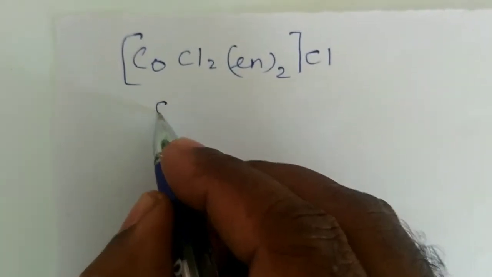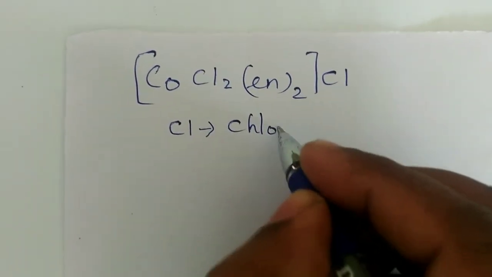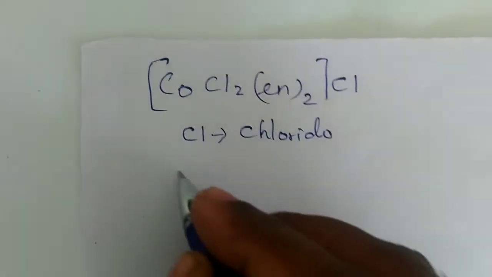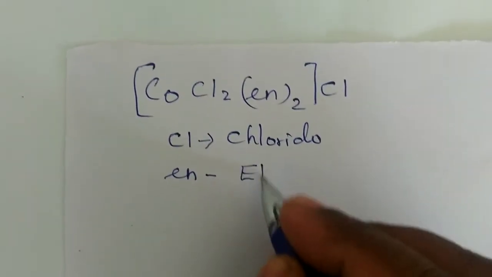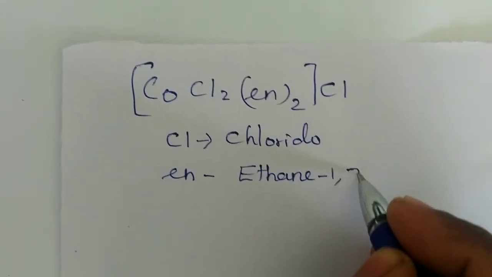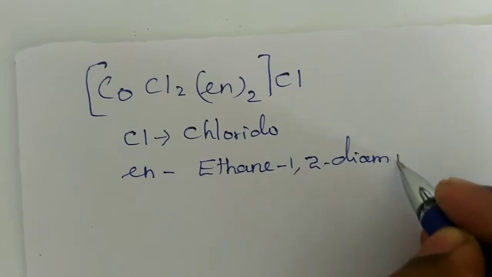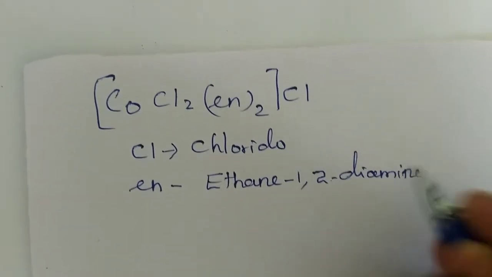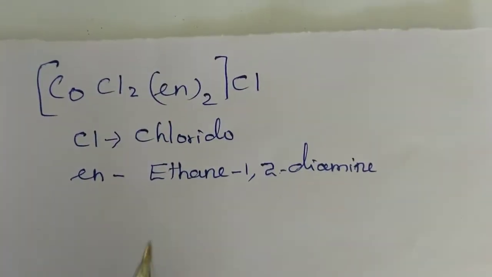Here one ligand is Cl, you know the name, that is called chlorido. Another ligand is en. En is called ethane-1,2-diamine. These are the ligands.